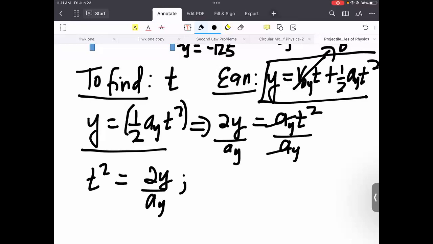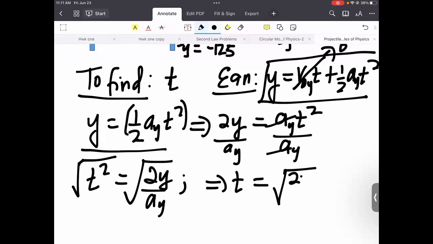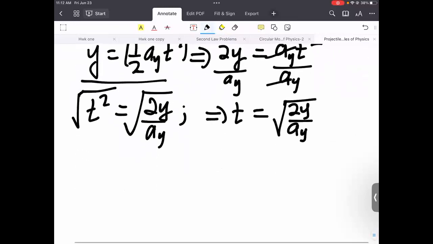And then to find the time, you take the square root of both sides. This will give you time equal to the square root of 2Y over acceleration in the Y direction. So that is the formula for time.